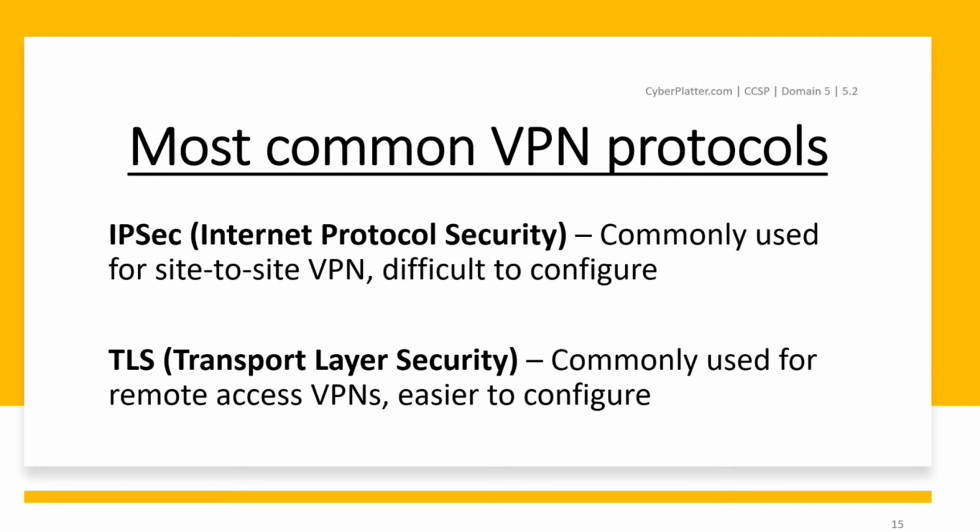Remote user VPNs now often rely upon Transport Layer Security (TLS) connections that work at the application layer. These VPNs work on any system with a web browser and use port 443 for communications, a port that is typically allowed through almost every firewall.